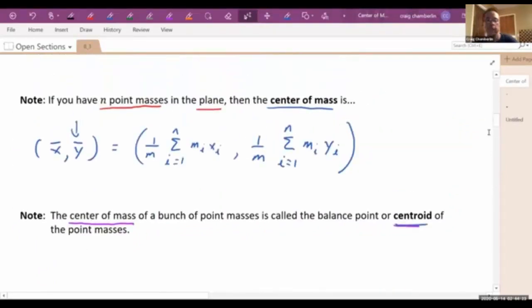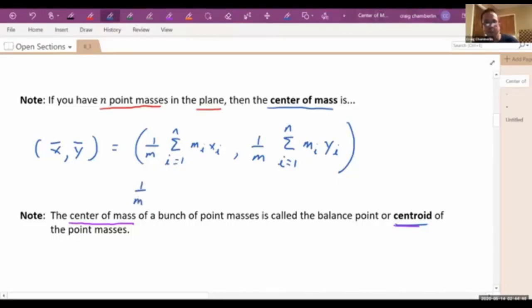If you have n point masses, then the formula we came up with earlier was x bar, y bar. To get x bar, you take 1 over m times the sum from i equals 1 to n of m sub i times x sub i. So I mean, that's not as complicated as it looks. You have the sum of all the masses is m.